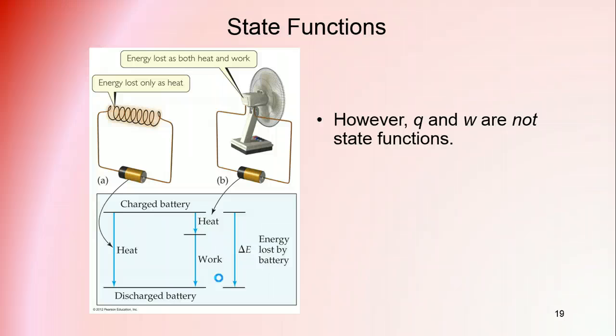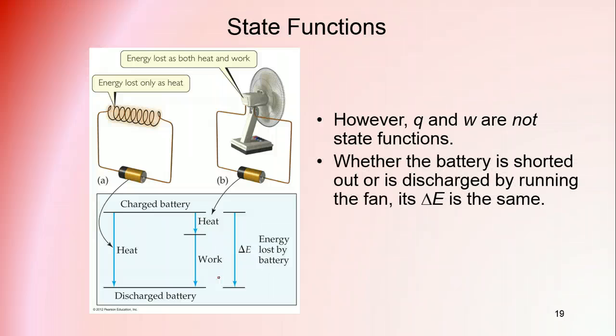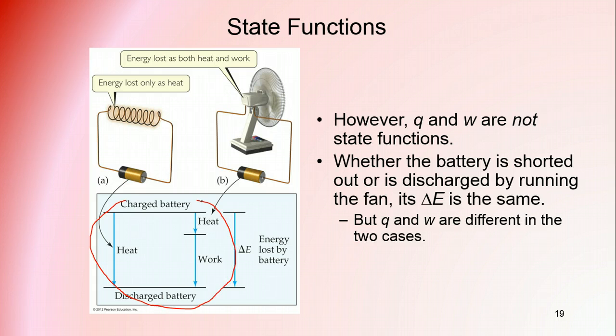Another thing we should talk about: the change in internal energy is a state function, but heat, which is Q, and work, which is W, are not state functions. You can see from this example with the fan and the battery that if our battery is shorted out or discharged, the same total amount of energy has been released. But how we got to that energy release is what's different.